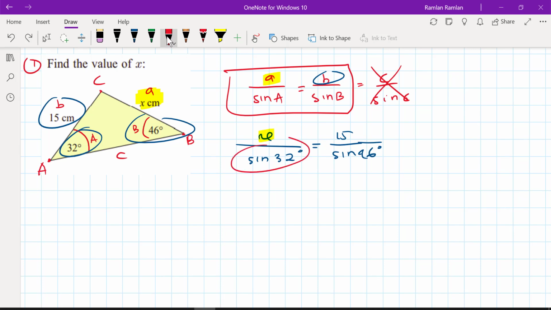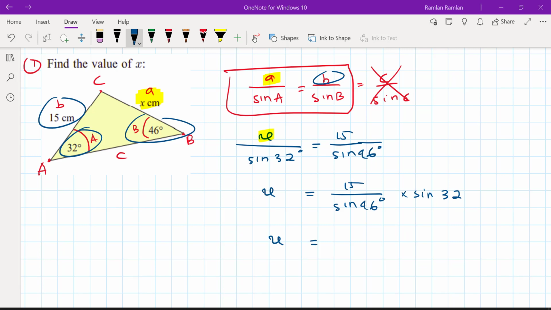We still have this over here, so in order to get rid of this, we need to multiply both sides by sine 32. If I multiply both sides by sine 32, there will be x equals 15 over sine 46 degrees, multiplied by sine 32.